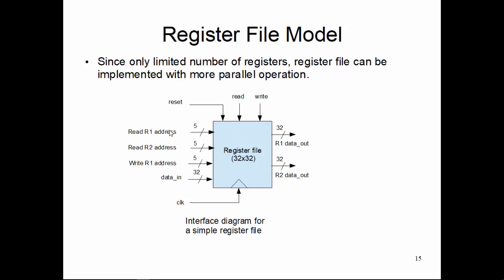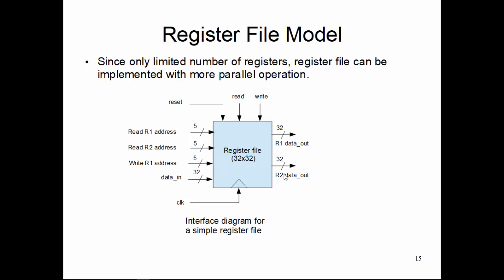So I will present R1 first register address, second register address, read to 1, write to 0, and the data from both of these locations will appear in two 32-bit outputs, R1 data out and R2 data out. And of course there is a write address. We don't want to write together. There is no point in writing values together in two different registers.